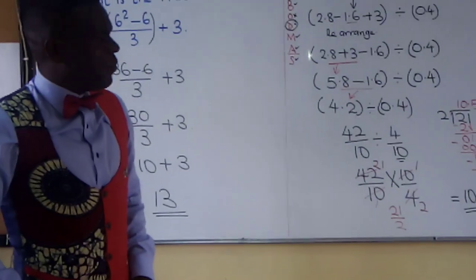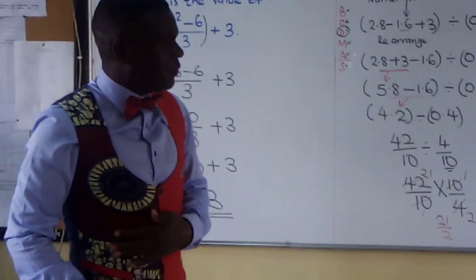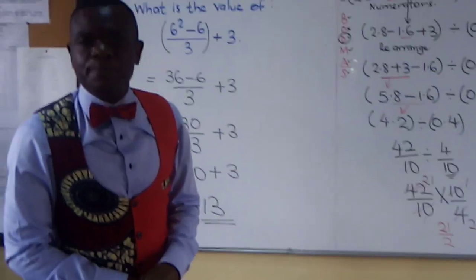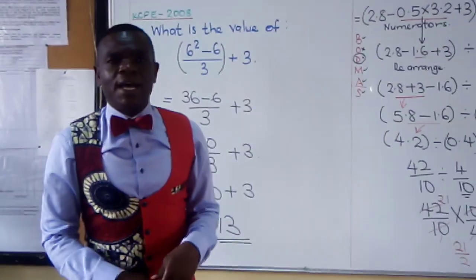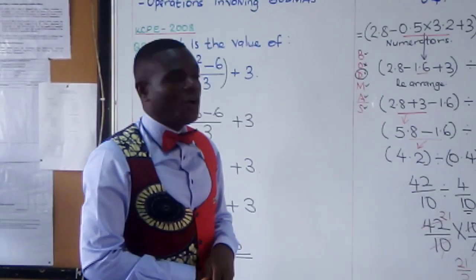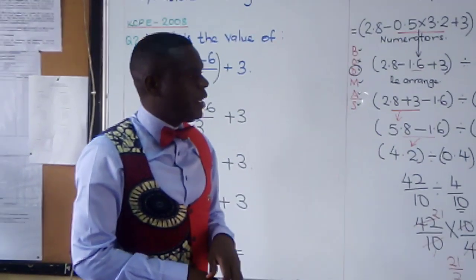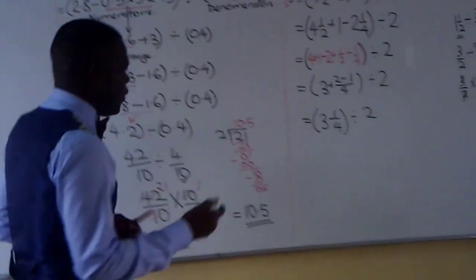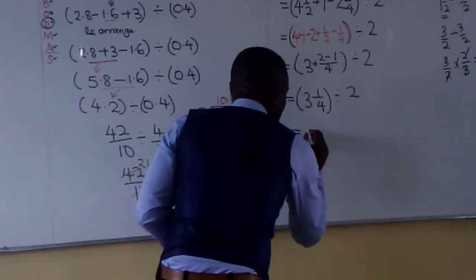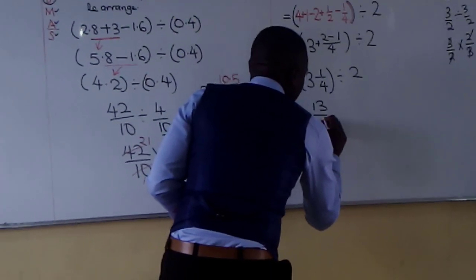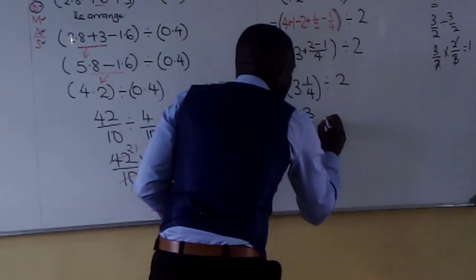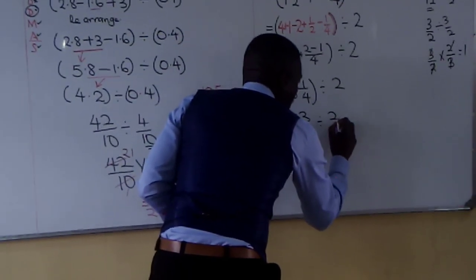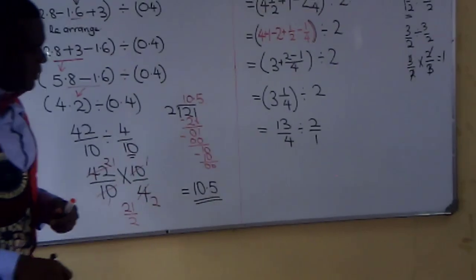Hannah. Very good, Hannah. 3 whole 1/4 into improper fraction is 13/4. Good. That will be 13/4, then divided by 2 whole over 1.